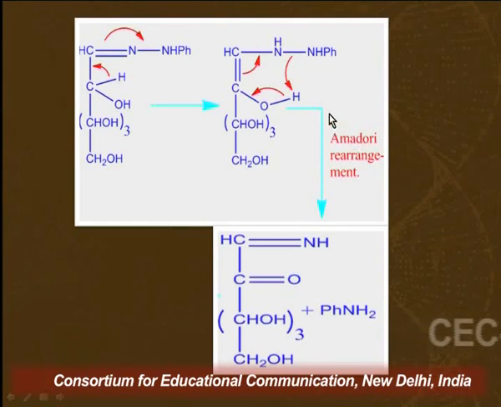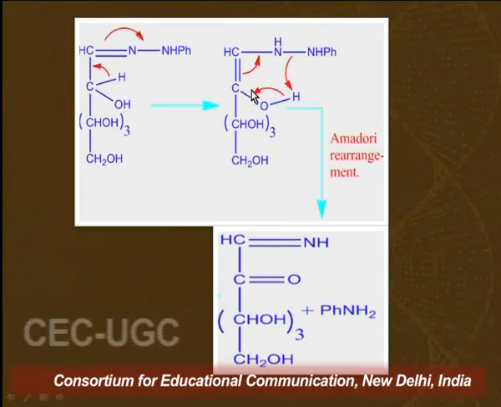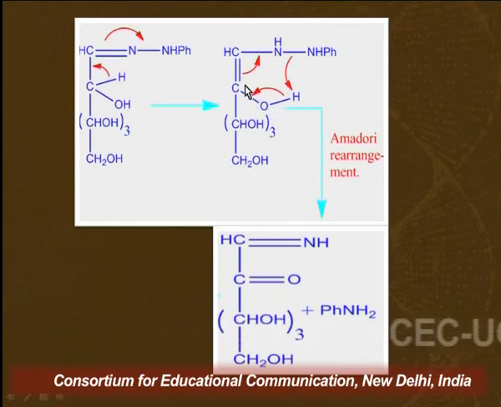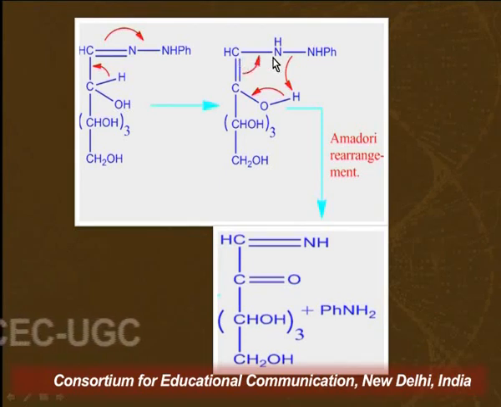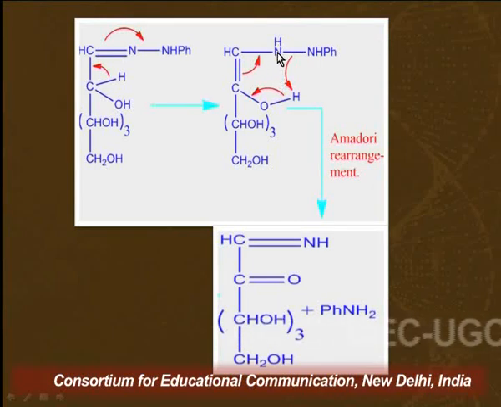What happens here is that this oxygen, being more electronegative than hydrogen, will pull the electrons towards itself, as a result of which a double bond is generated here, and these electrons will move from here to here. So when they are moving from here to here, we find that we have a double bond between this carbon and this nitrogen, and again, the valency of nitrogen cannot be 4.